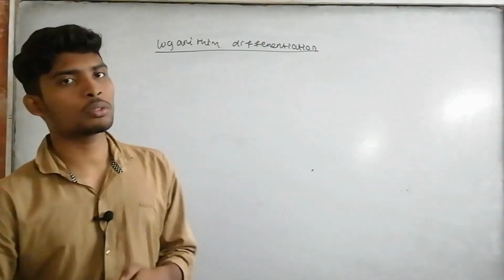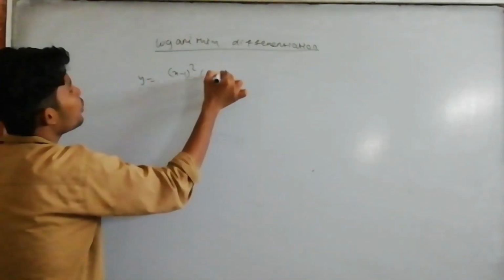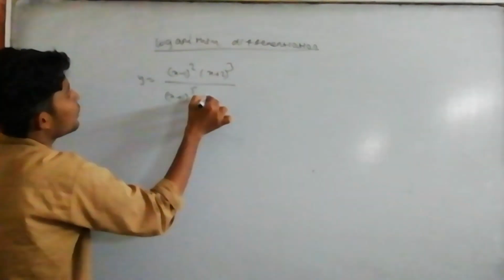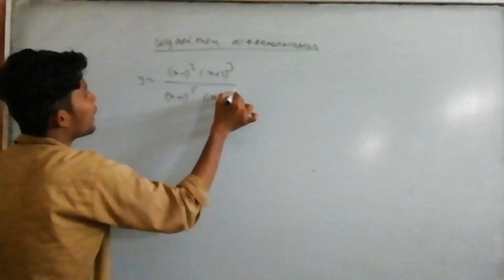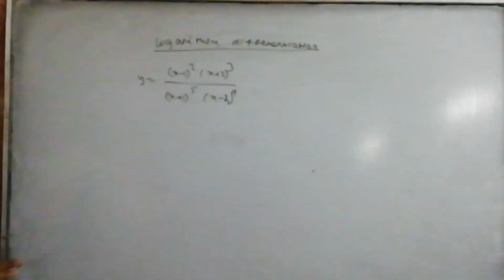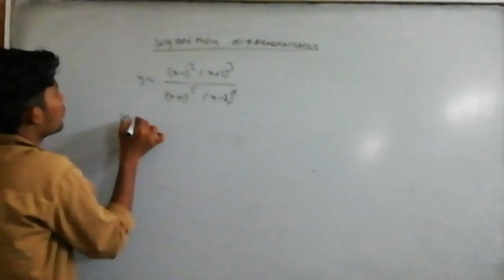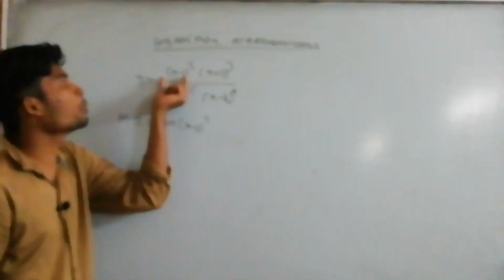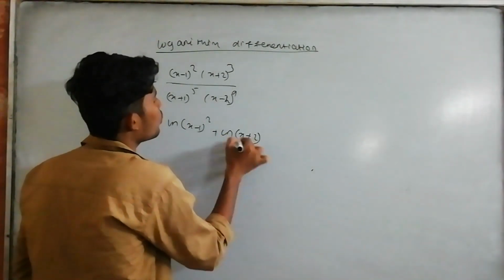Let's learn this with an example. Take y equals (x minus 1) whole square times (x plus 2) whole cube, divided by (x plus 1) to the power 5 times (x minus 2) to the power 9. How do we find the derivative of this type of function? Simply take the logarithm on both sides, that is ln y. ln of (x minus 1) whole square, since if there is a product it will be added, plus ln of (x plus 2) whole cube.